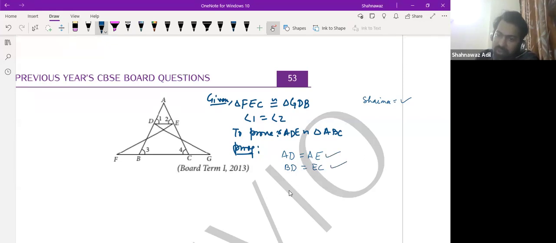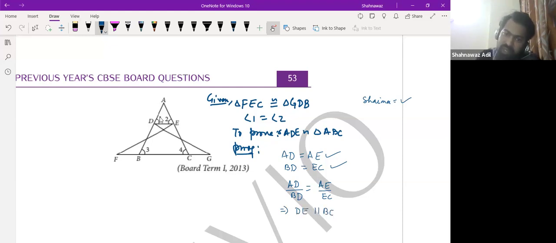Then you divide these things, divide these things. So these are also equal. Then what will you get? Then you will get that DE is parallel to AC, right? If this is equal, then it will say that DE is parallel to AC.